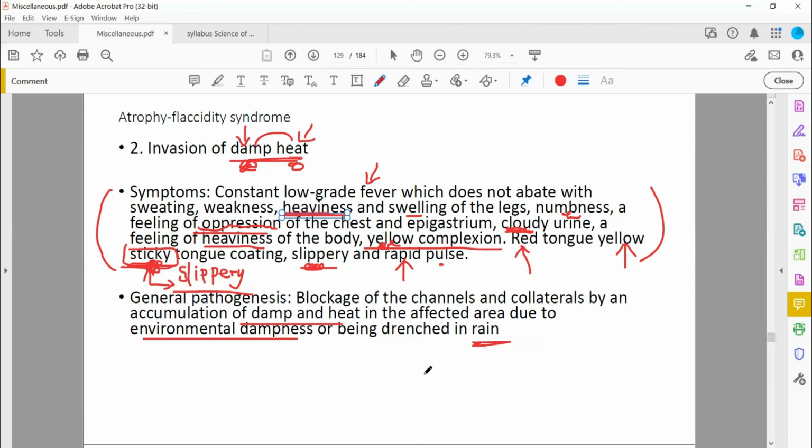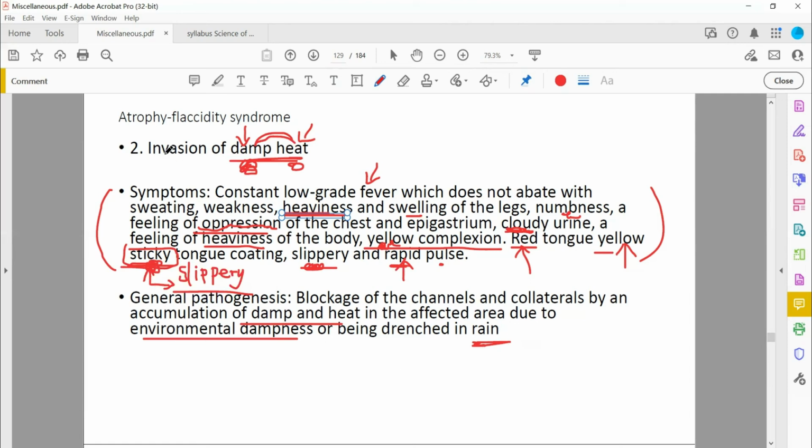Okay, very good. Now you know how to analyze the case. You see heaviness, oppression, cloudy, and sticky, slippery. Oh, there's dampness here. And at the same time, you see red, yellow, rapid pulse, that's the heat. We combine them together: damp heat syndrome.